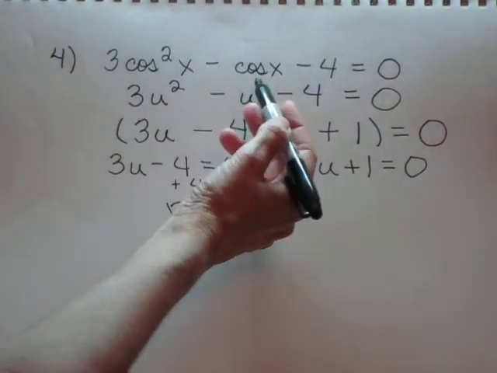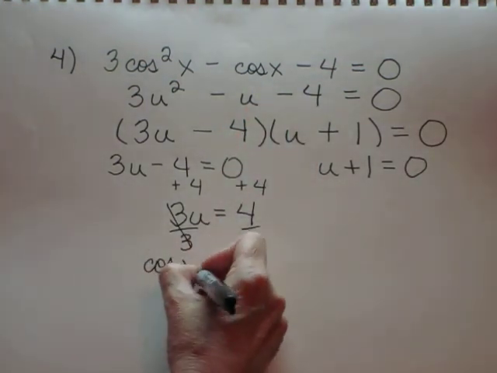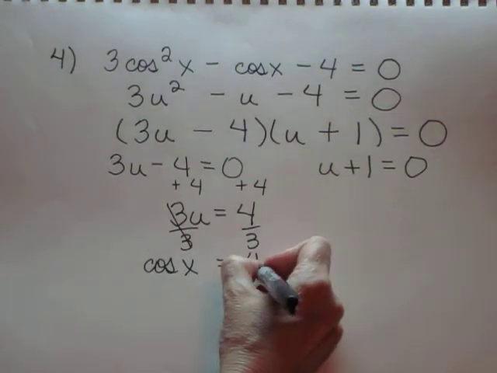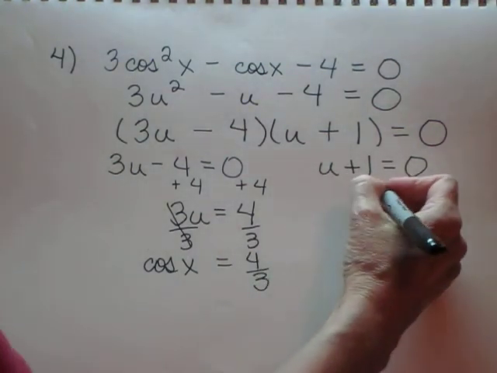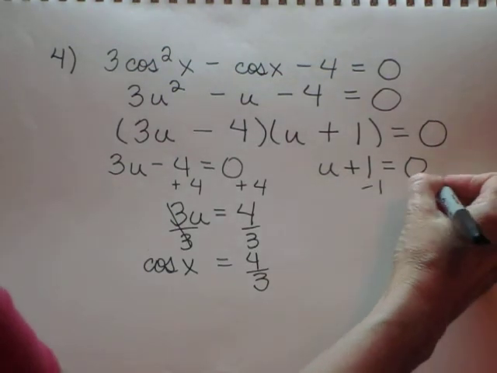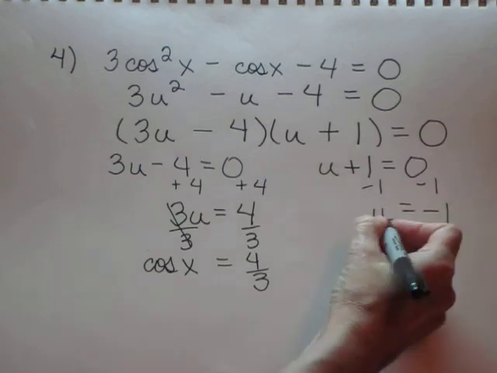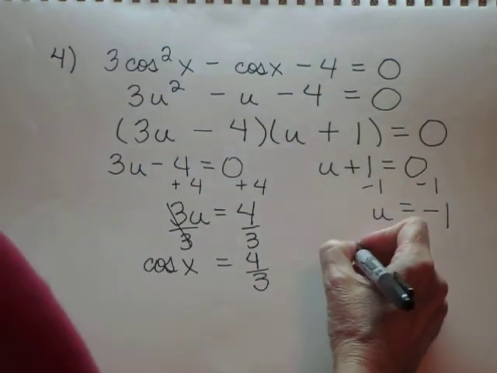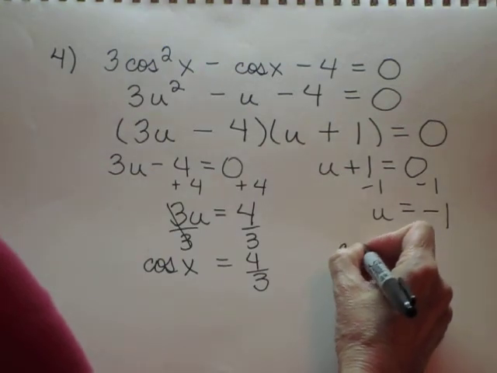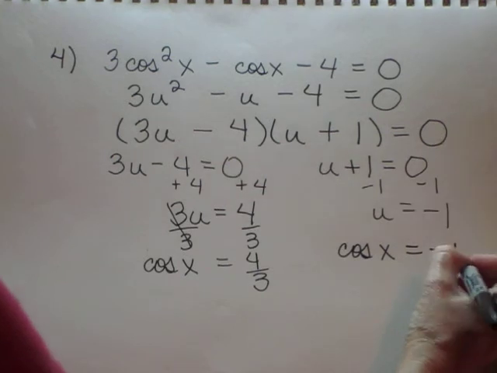Remember, u was cosine of x, so really I have the cosine of x equals 4/3. My other equation, I just need to subtract 1. And again, u is supposed to be cosine of x. So this equation is really the cosine of x equals a negative 1.